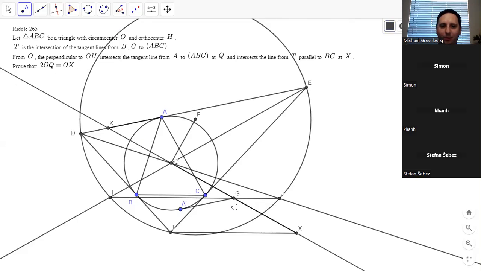And so that solves the problem, I think. Yes, because this is a kite. So OITJ is a kite, and OG is equal to OK by the butterfly theorem. And so OG is equal to GX is equal to OK, and basically that solves it.